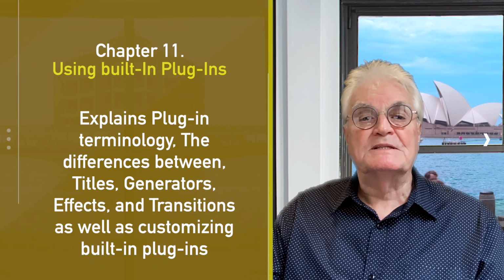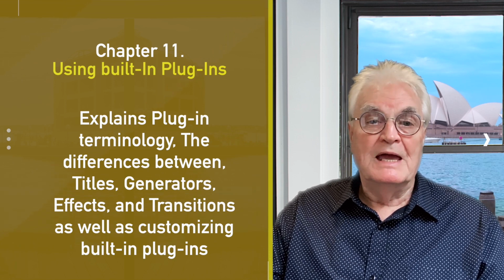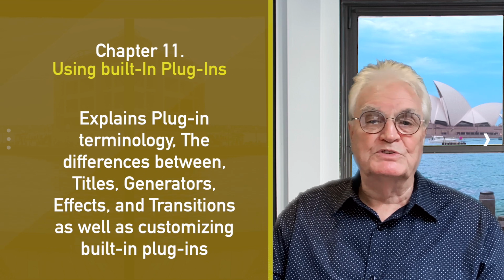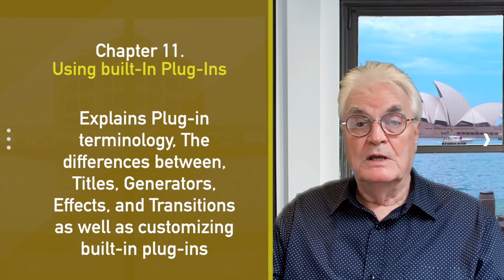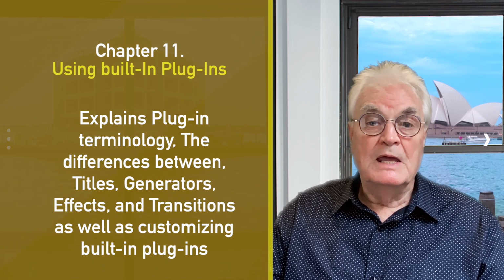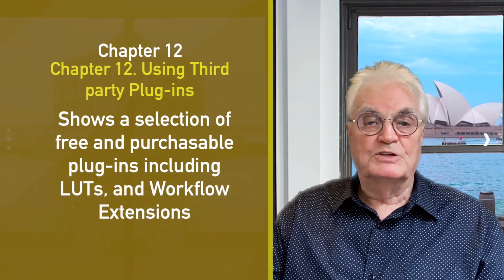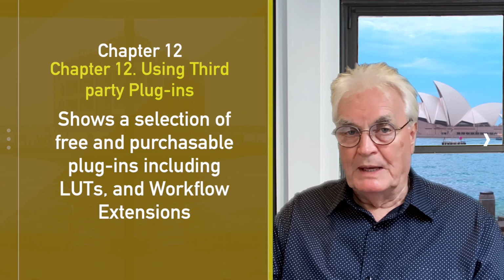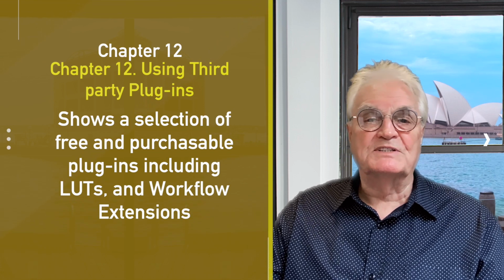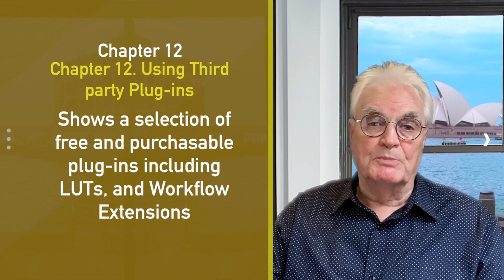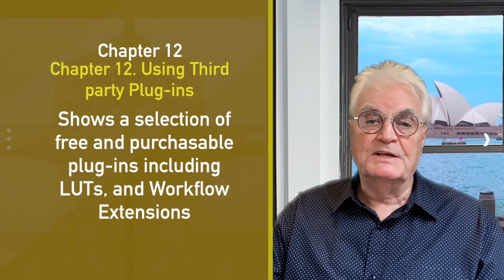This explains the plugin terminology and the differences between titles, generators and effects, as well as transitions, and also customizing the built-in plugins. Chapter 12, using third-party plugins. This shows a selection of free and purchasable plugins, including LUTs and workflow extensions.